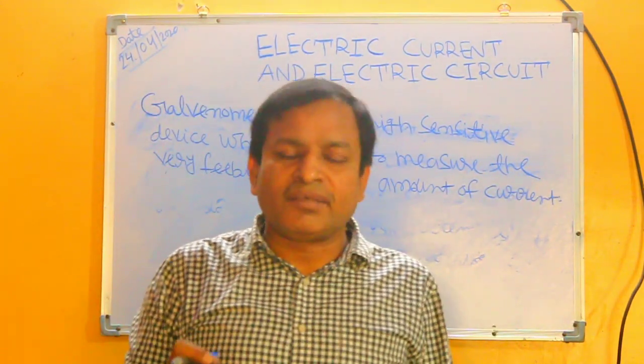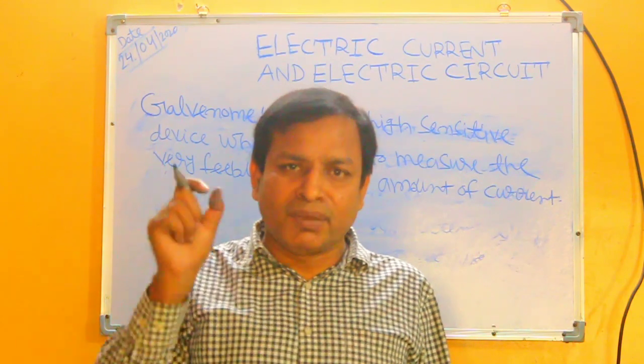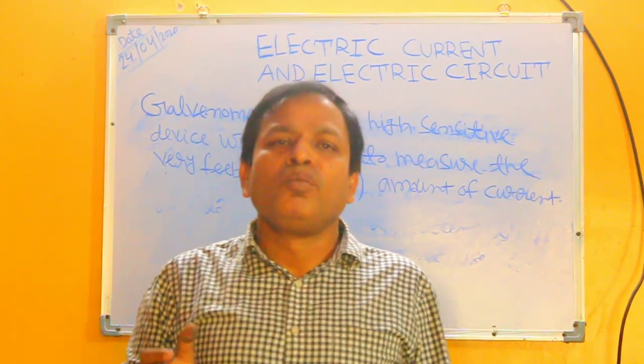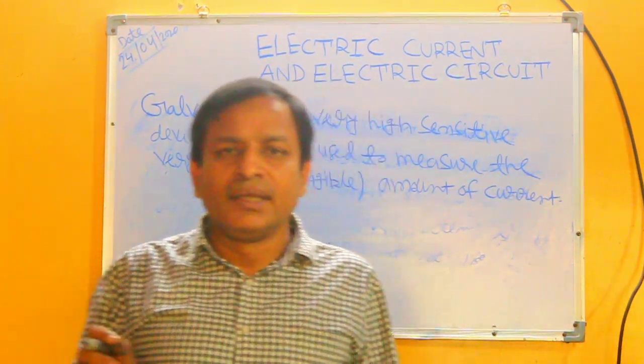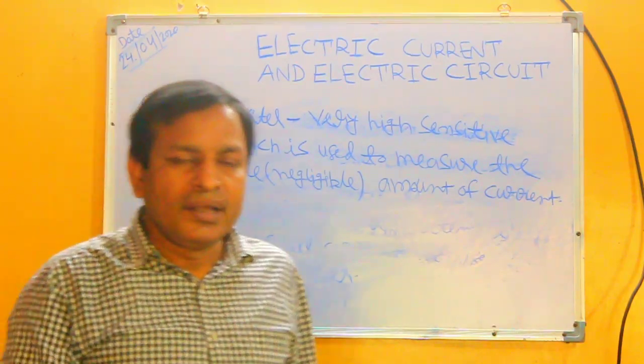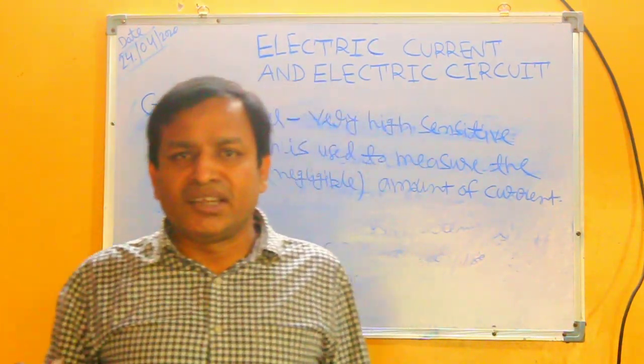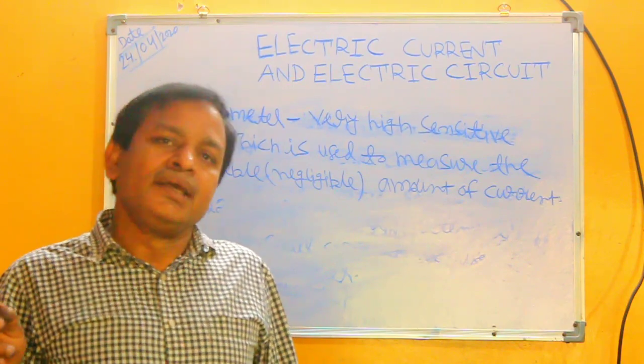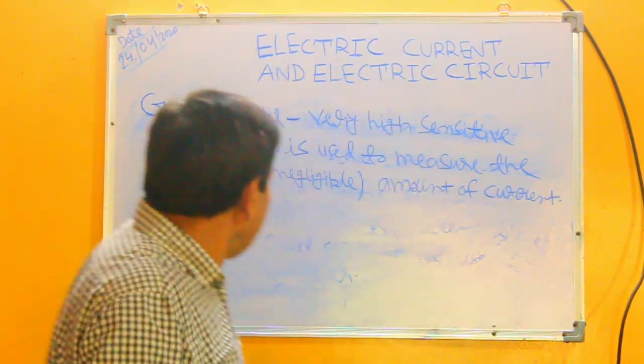Feeble means negligible. Galvanometer is used in higher class experiments, like the meter bridge experiment. We use the galvanometer for finding the null point on the length of the wire, and we find the unknown resistance of the wire using the meter bridge experiment.